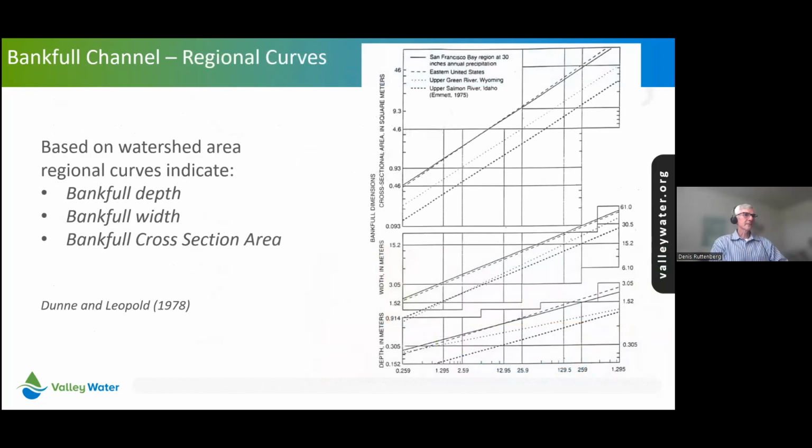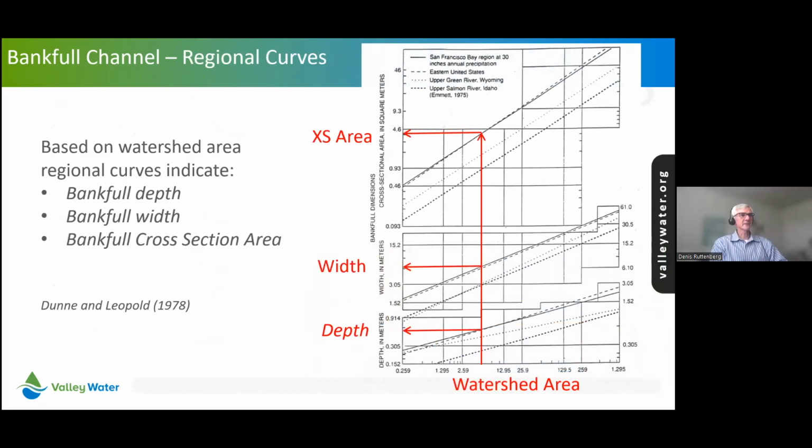Regional curves. This is done in Leopold, one of many. Ann Riley has some great curves for the Bay Area. I'm just showing you this one in concept. If you have the watershed area, I don't have the graphic here, but you can determine the regional curve for discharge. But with watershed area, you can also use the regional curves to kind of plot out what your bankfull depth is.